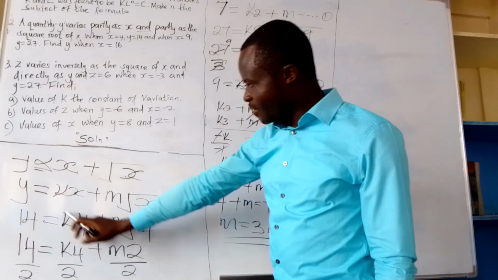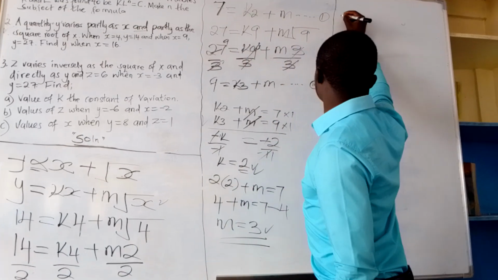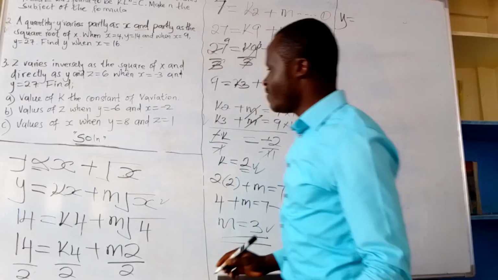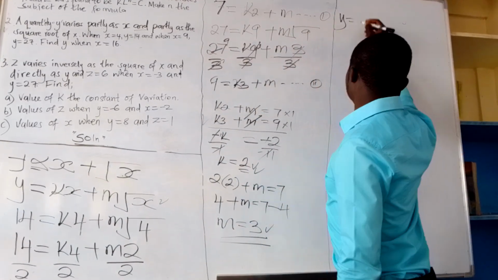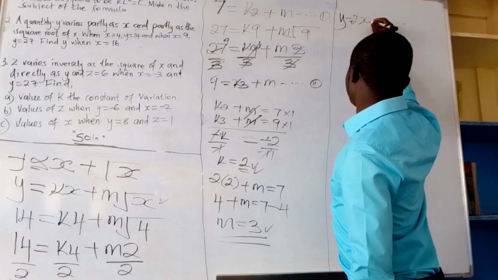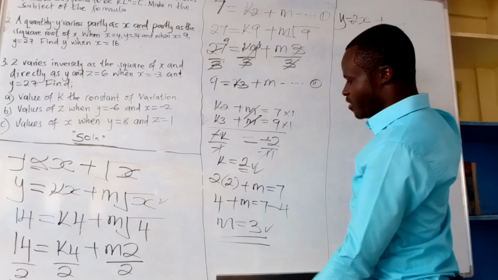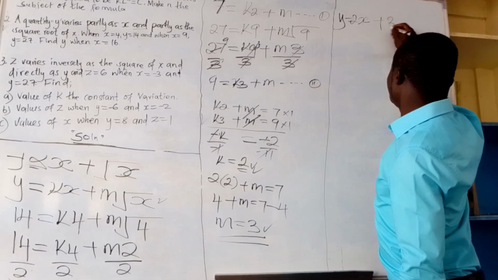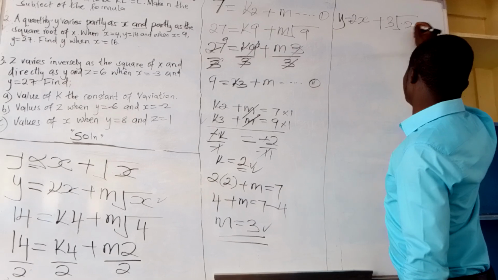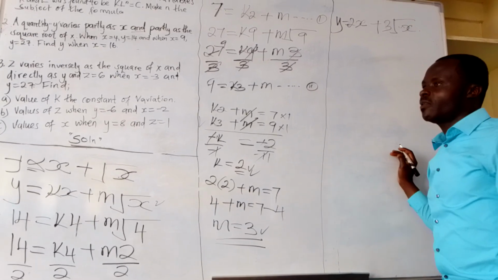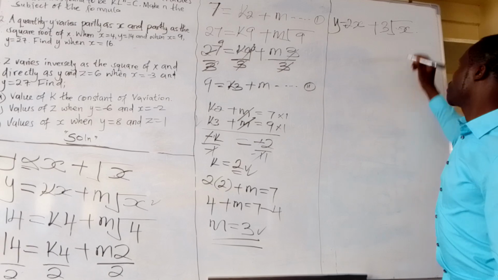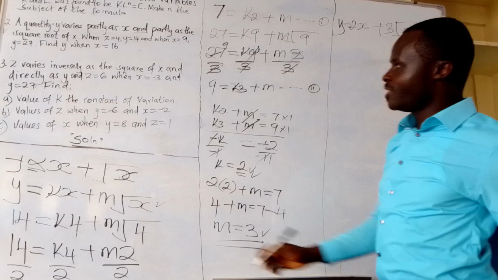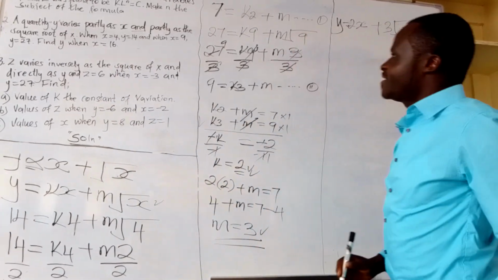Our equation is here with us. We have y is equal to kx, and the value of k is 2. So 2x plus the value of m, which is 3, the square root of x. This is the equation connecting the variables. So from there, our next step is to find the value of y when x is 16.